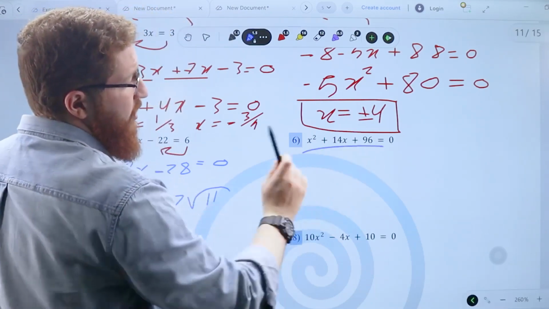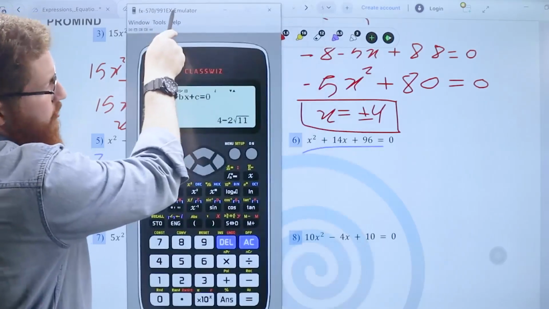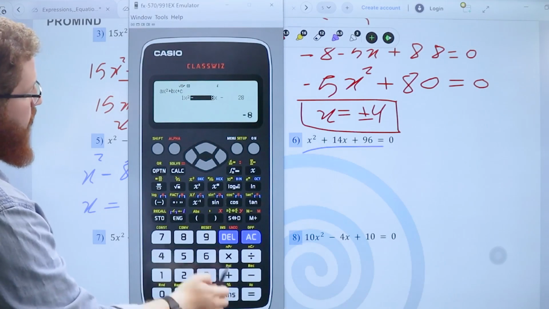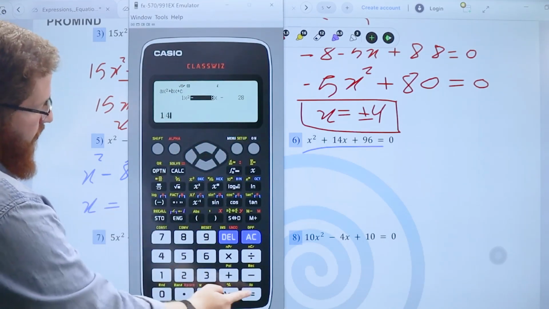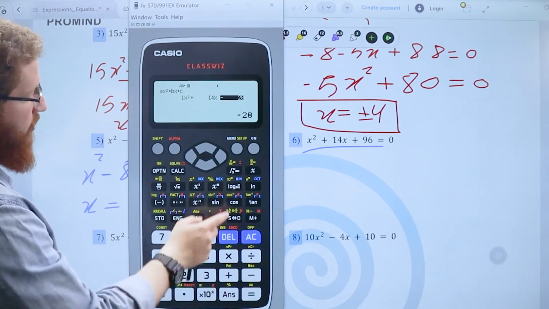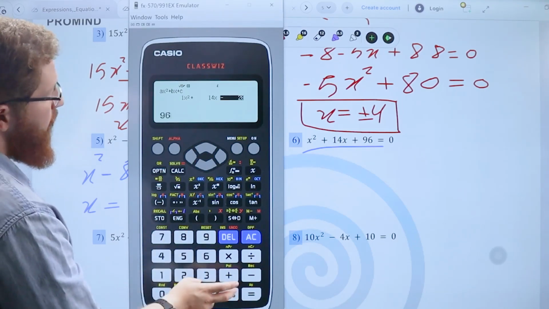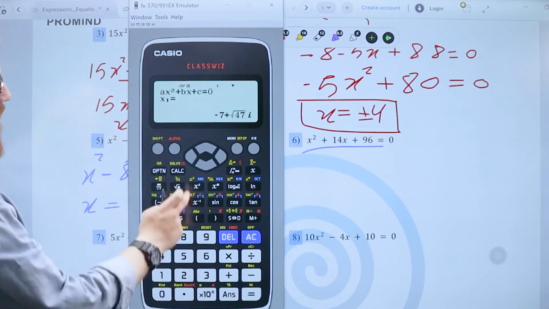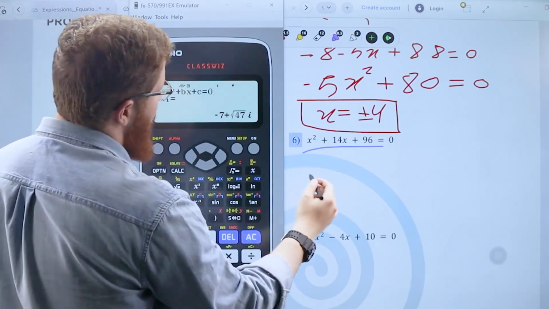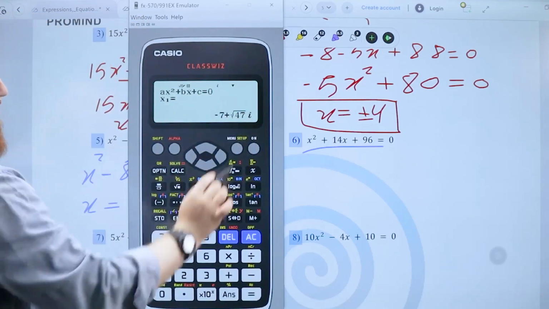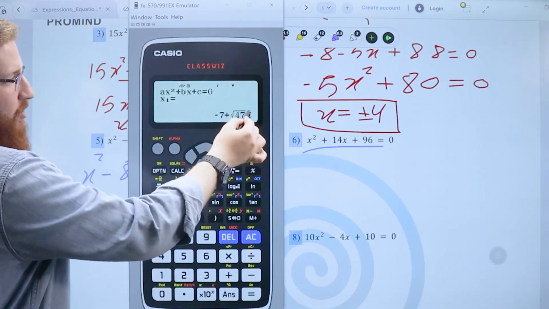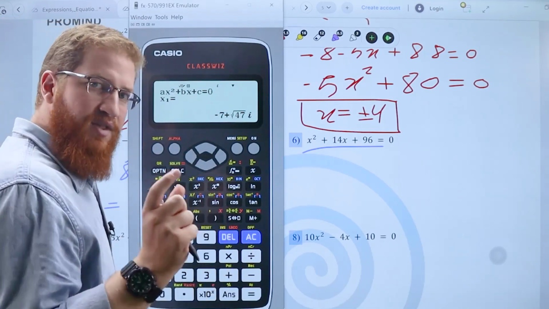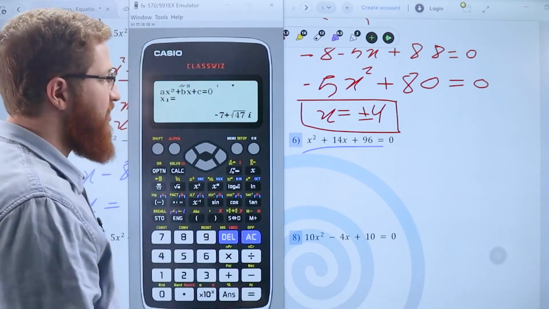Okay, this one is in order. I don't have to do anything to it. Just put it on the calculator. Coefficient of x squared is 1. The coefficient of x is 14. The last constant is 96, right? Equals. If you realize, here we have an i. This is complex. So the discriminant under the square root is negative actually.